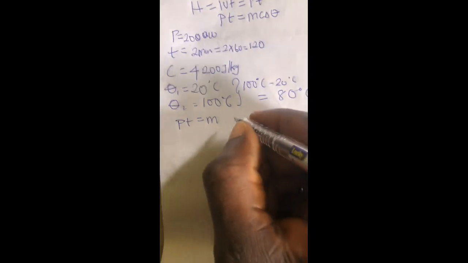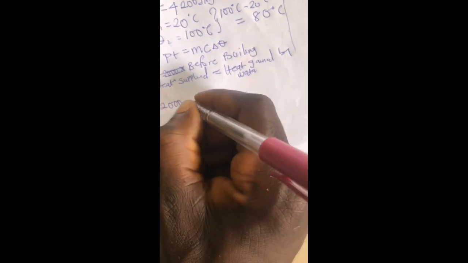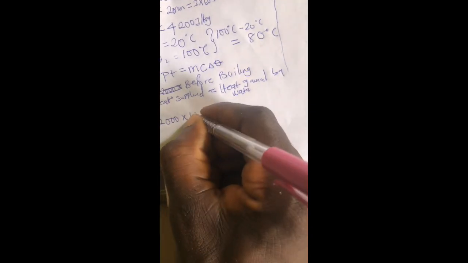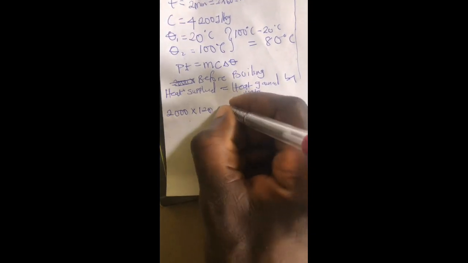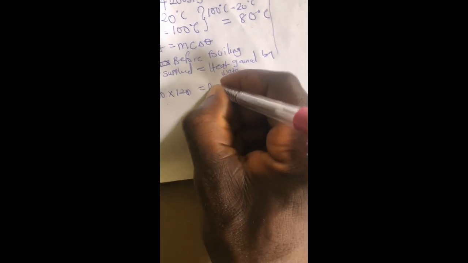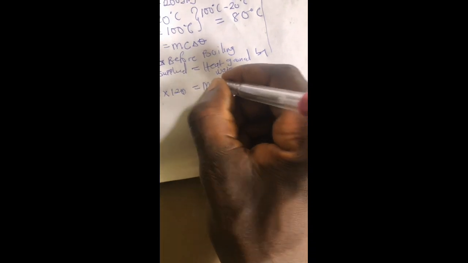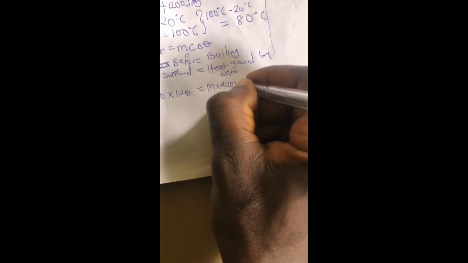Let us substitute into the equation. So we now have PT equals mc: 2000 from the equation times 120 from this equation. That will be equal to m, the mass of the water, which is not given, times 4200 times 80 degrees Celsius.